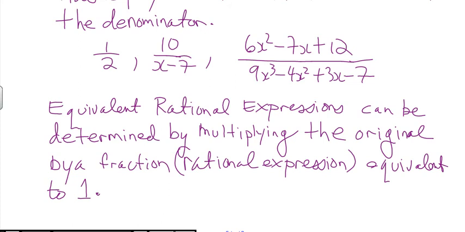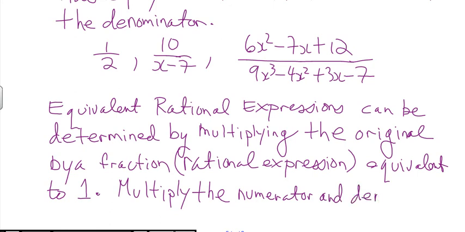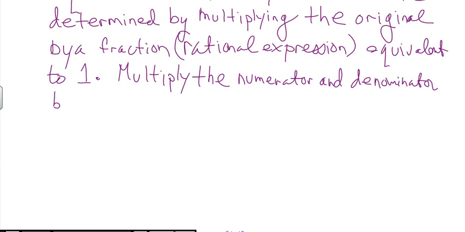Okay, just like we got equivalent fractions, right? We multiply or divide by the same number, right? We're going to multiply top and bottom by 3. We're going to divide top and bottom by 4. We get an equivalent fraction. Well, in the same way, we can get an equivalent rational expression, right? So in other words, multiply the numerator and denominator by the same value.